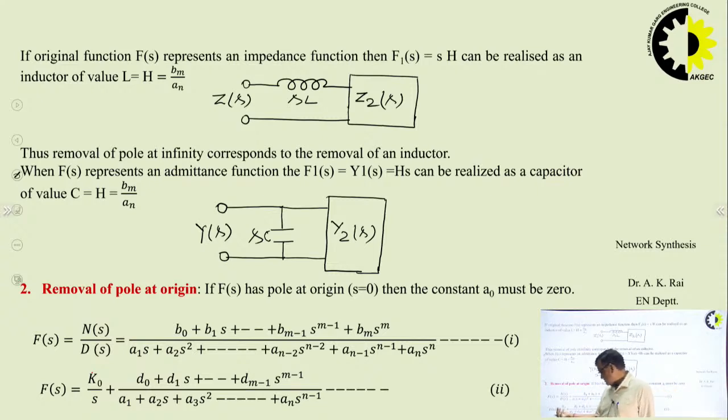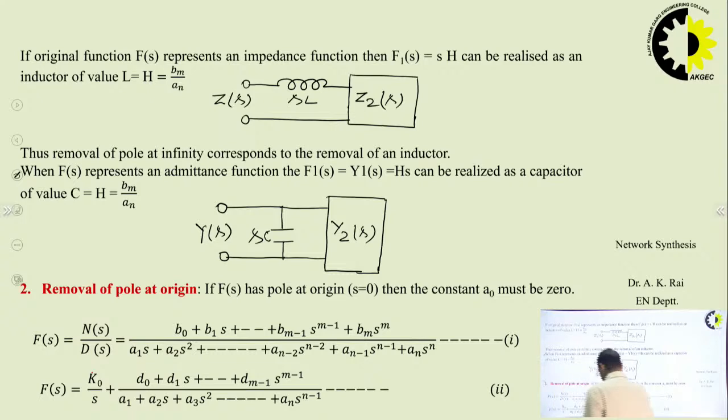If we write in the numerator 1 by k0, so the value of the capacitor, we know that if we convert the capacitor in S domain, it will be 1 by SC. So, the factor of the S is here 1 by k0. So, when we are removing a pole at origin, it means we are eliminating a capacitor from the function. Okay.